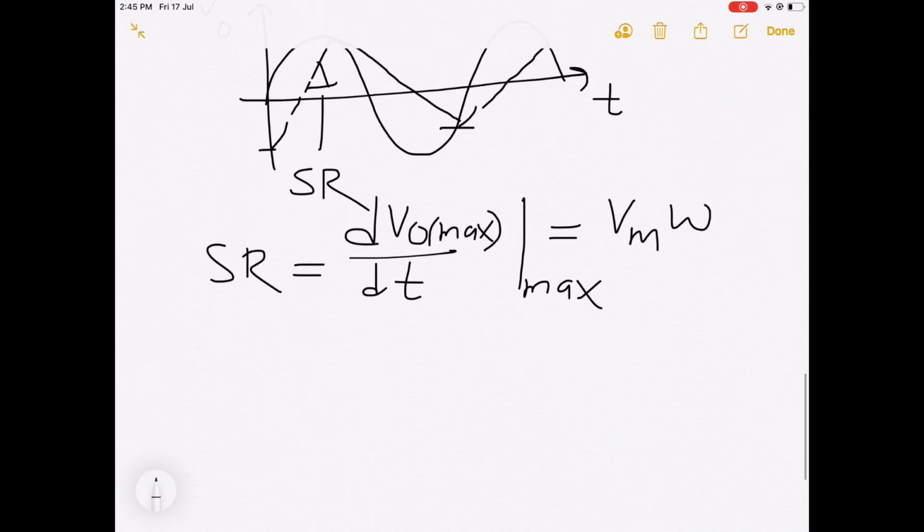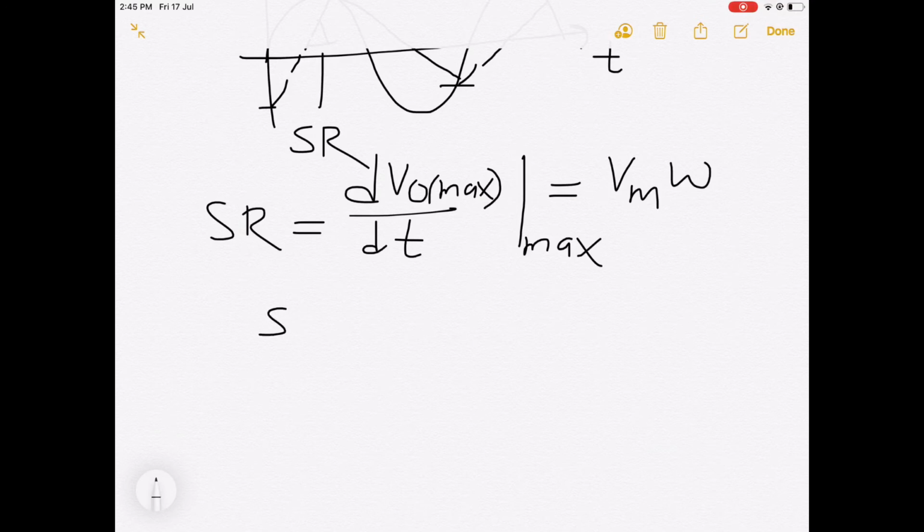What is omega? Omega is nothing but 2 pi f. So you can write it like this: 2 pi f Vm. Vm is the maximum voltage, so it happens at the maximum frequency, so we can write it as 2 pi fm Vm.